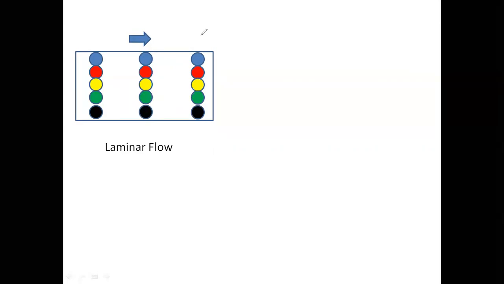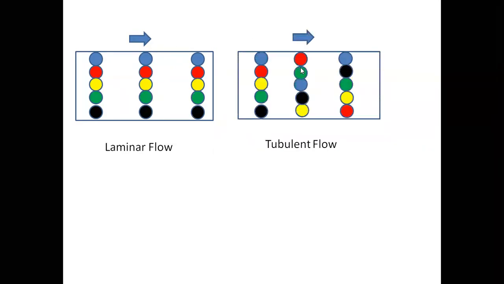But in the case of turbulent flow, this is very important because it fluctuates with time and space. Look at this blue particle. At time zero it is at this point, and at t1 and t2 it is at other points. It is not necessary for it to move in the forward x direction. It can move like this and like this.